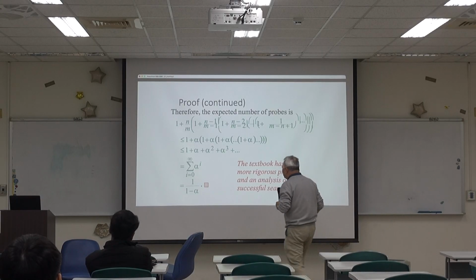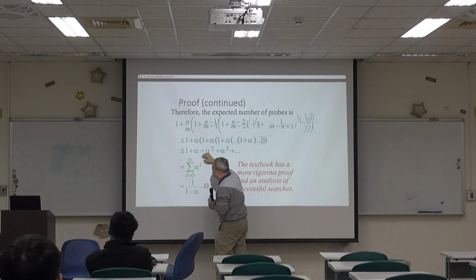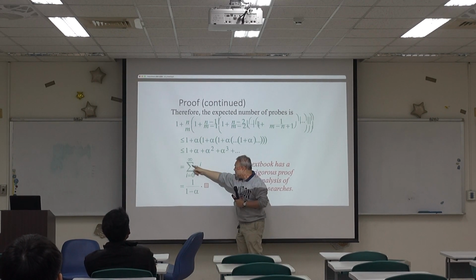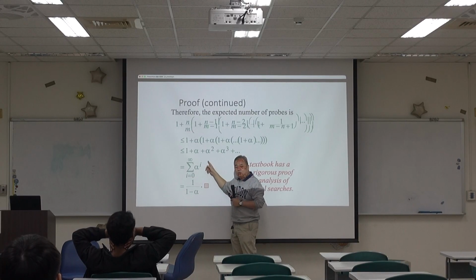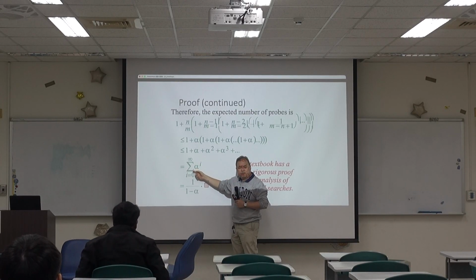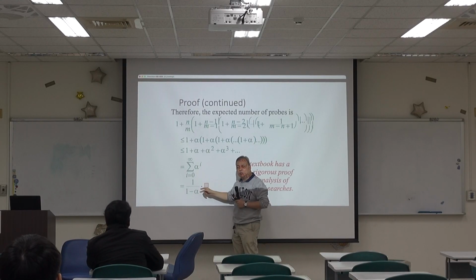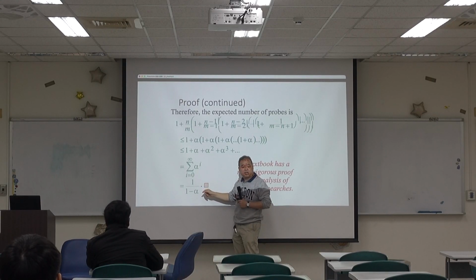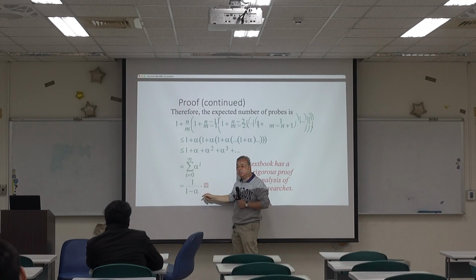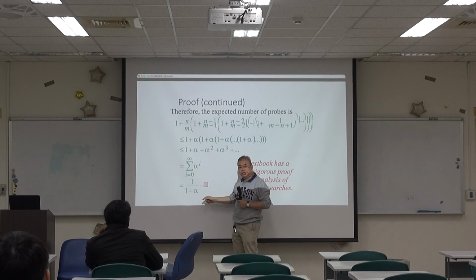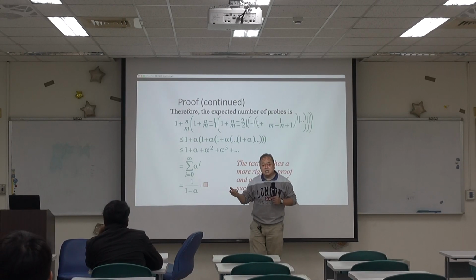So if you treat it as an infinite series, because this is like a geometric series, it becomes this. You learned this in junior high, right? Junior high or senior high? Senior high. But anyway, from here to here is easy, right?